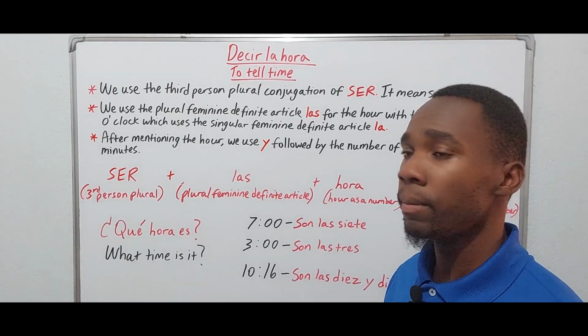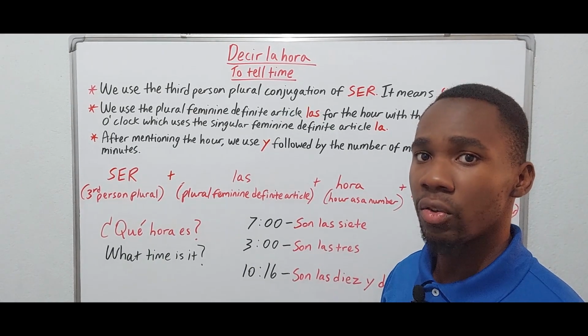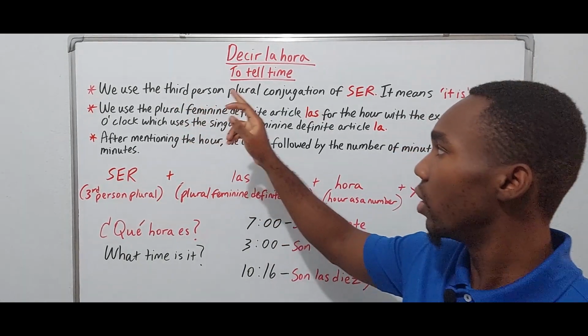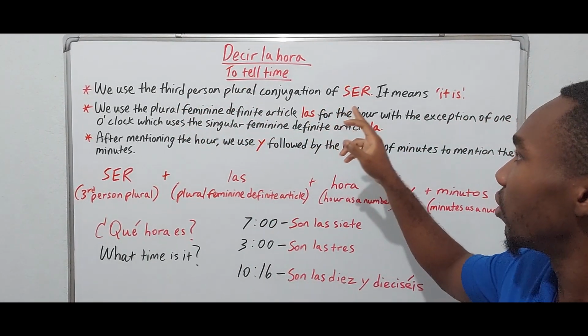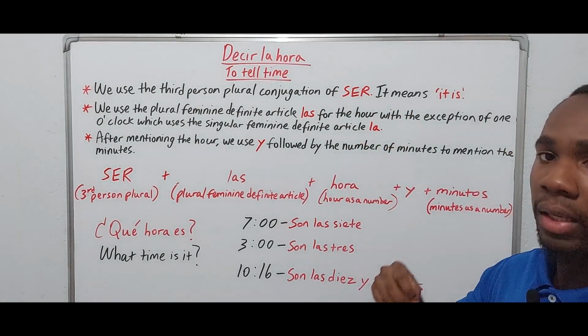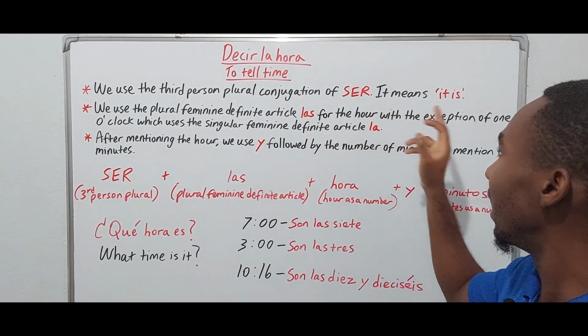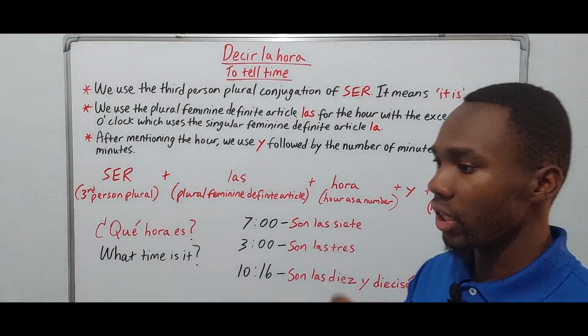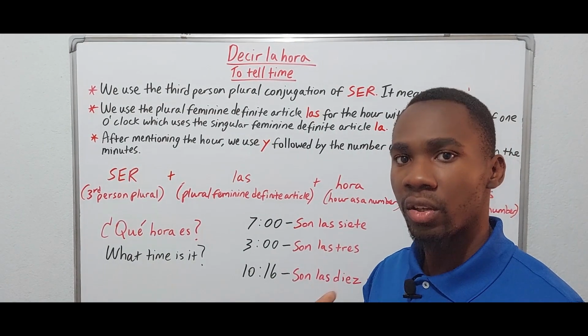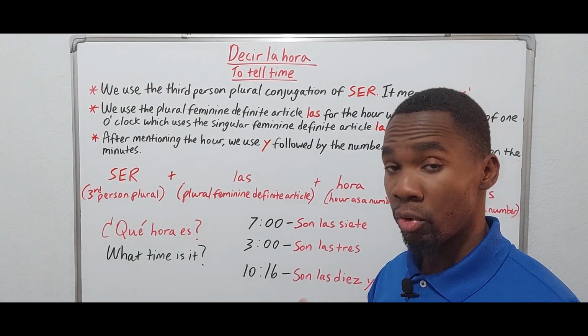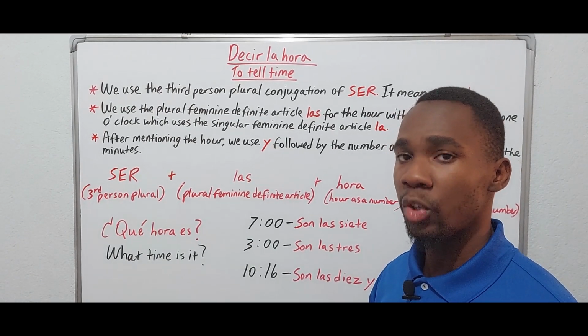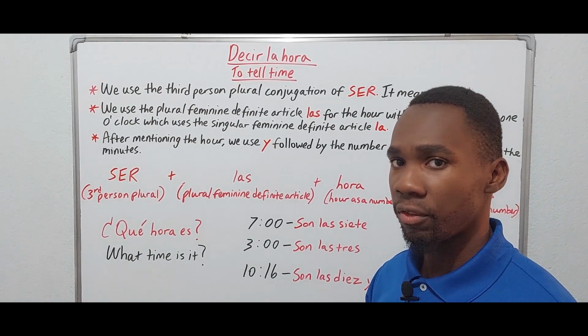So the first thing we need to know is that we use the third person plural conjugation of ser. And in this case, it is going to mean it is, okay? So to introduce time, we use the third person plural conjugation of ser, which would be son. So that's the first step.